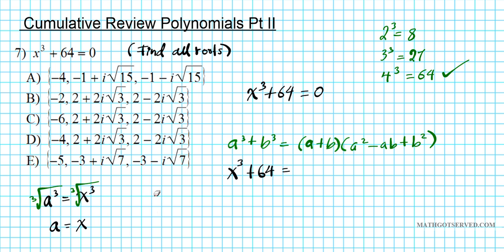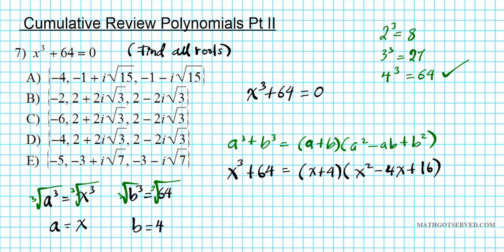Let's see, we have b to the 3rd is equal to 64. To get b by itself, you take the cube root of both sides. And that ends up with b equals 4. So we plug it in here. We have a plus b is x plus 4, times a squared, x squared, minus ab, 4x, plus b squared, which is 16. All right.